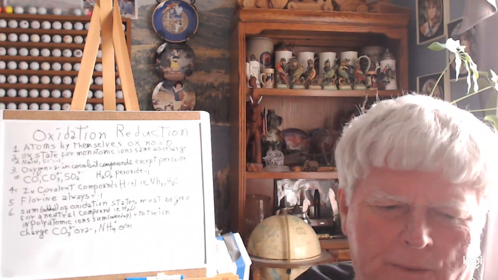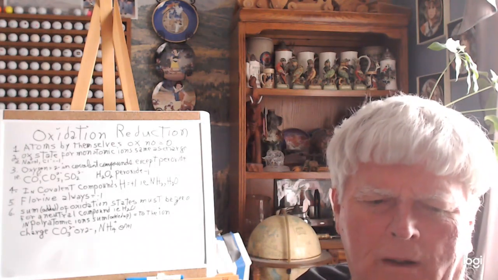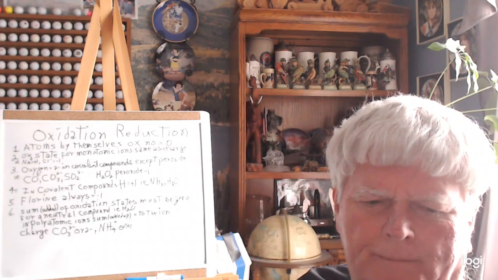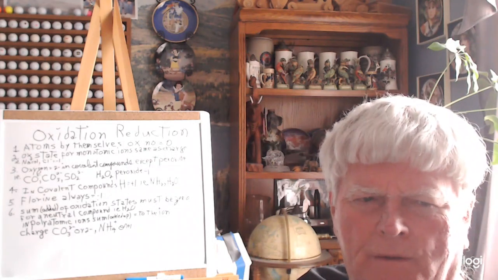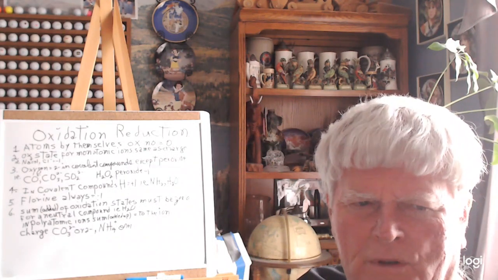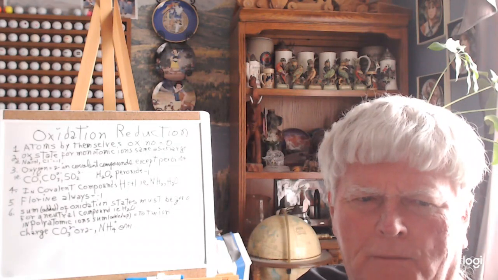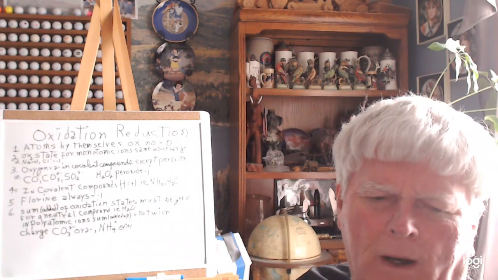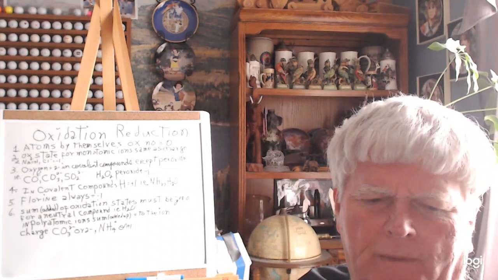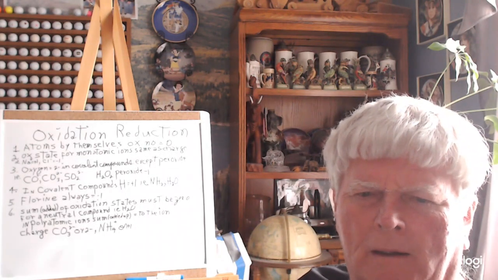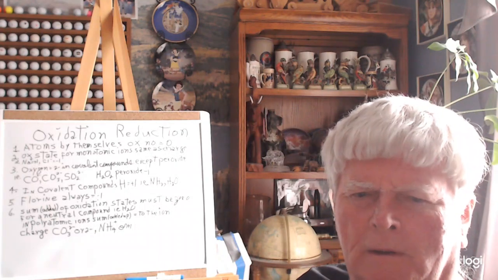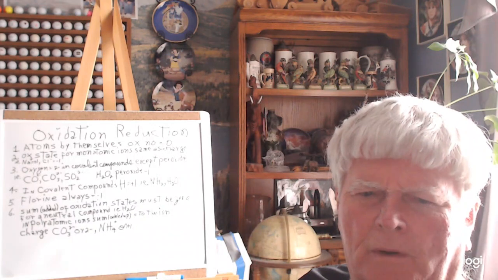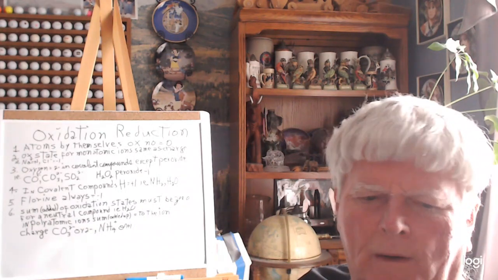All right, as we continue, number 4, covalent compounds, hydrogen is a +1, as in NH3, which is ammonia. It is a +1. And water, of course, H2O, which we've already covered ad nauseum. Hydrogen's +1, 2 of them, +2, and oxygen is a -2, giving you a neutral compound, water.